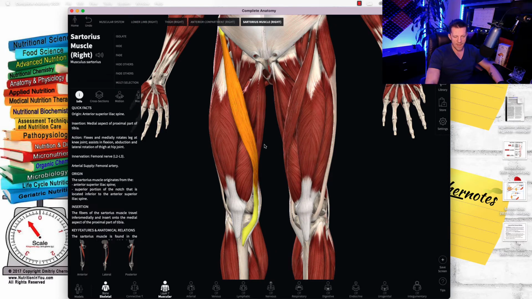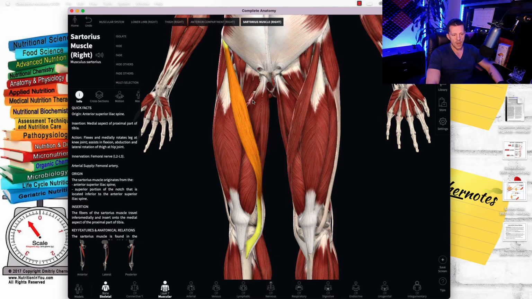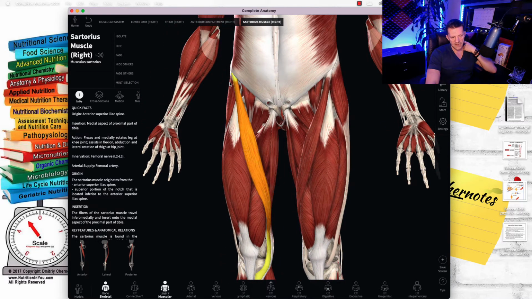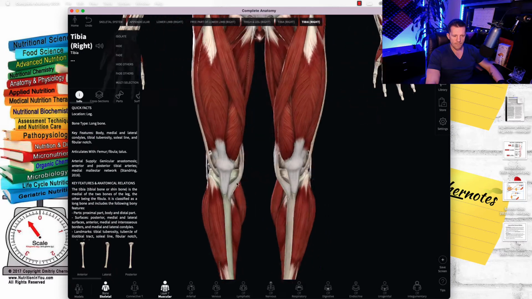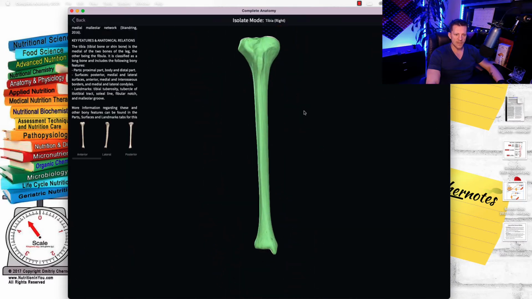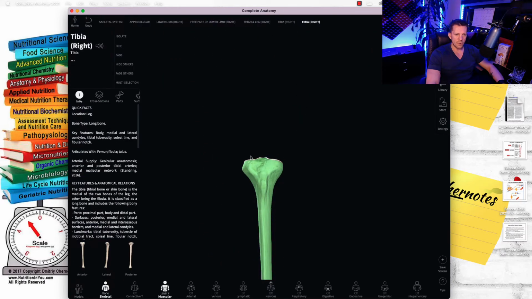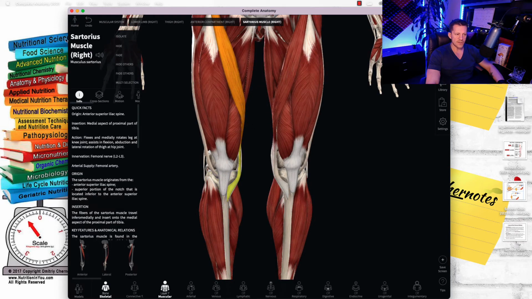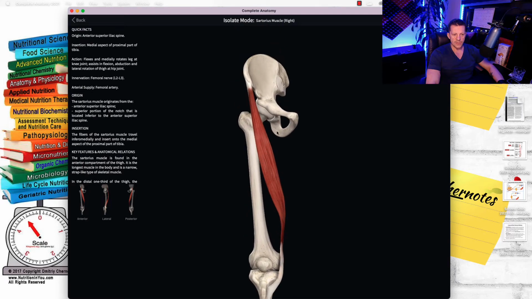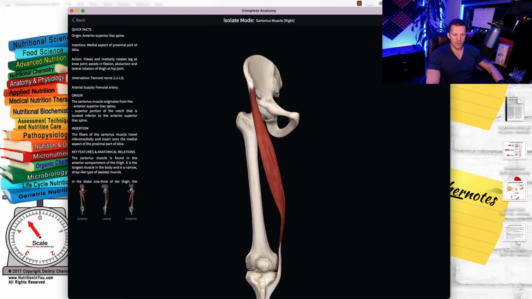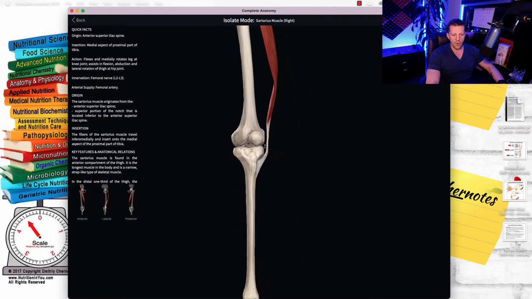It's like a band that wraps around, and the origin of this muscle is at the hip bone, and the insertion of that muscle is right at the tibia. If we isolate the sartorius muscle, not the bone, you see it is connected to the hip bone in the ilium part, all the way to the tibia.